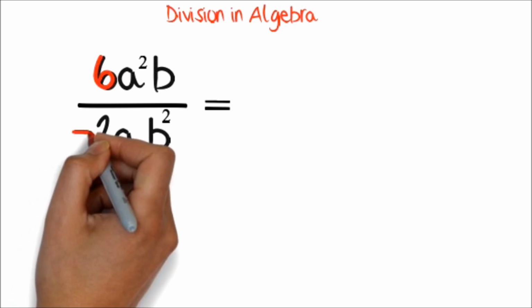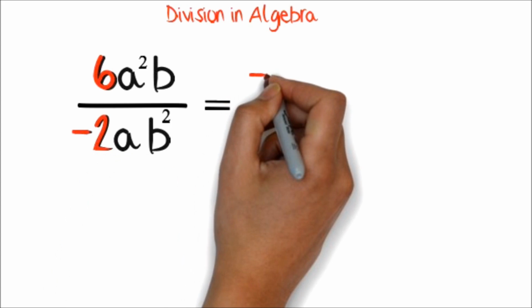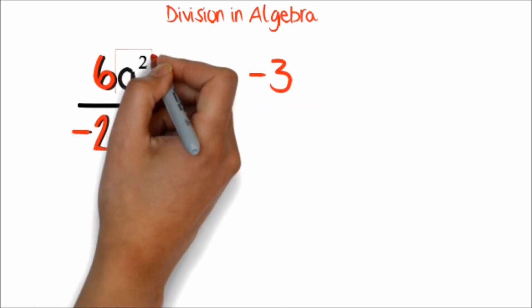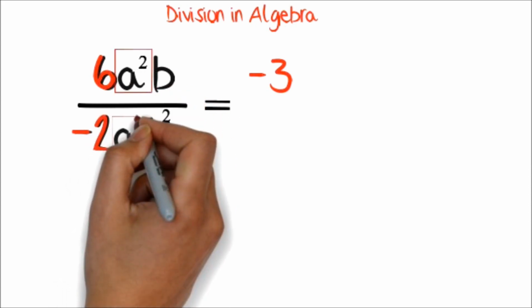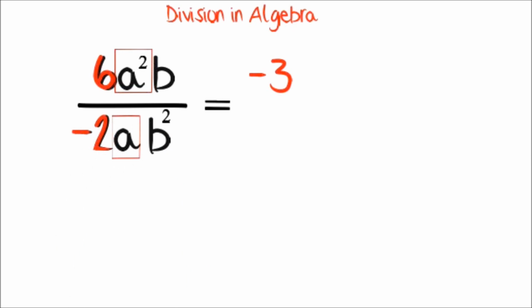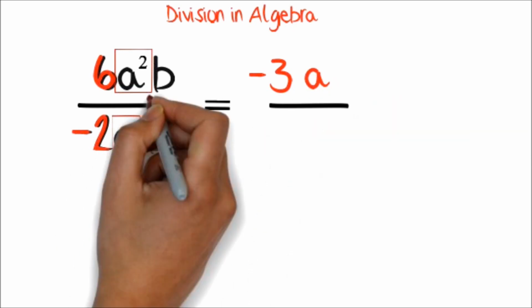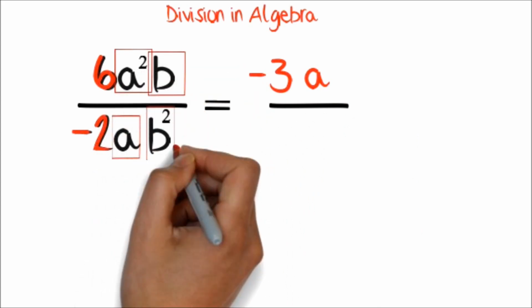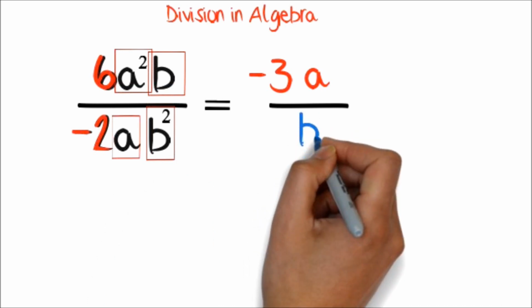We divide the 6 by negative 2 to get negative 3. Now we say there are 2 a's at the top and 1 at the bottom, so there will be 1 left at the top. There is 1 b at the top and there are 2 at the bottom, so there will be 1 left at the bottom.